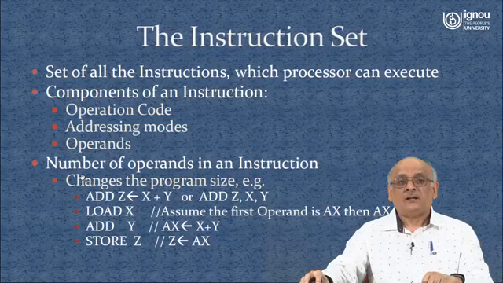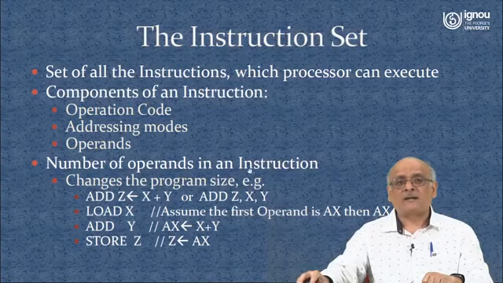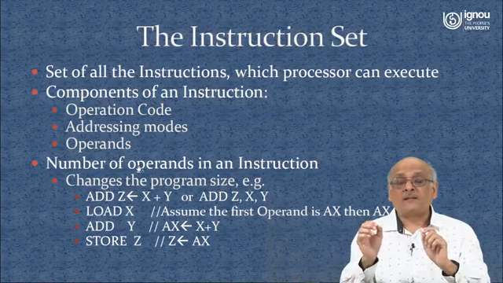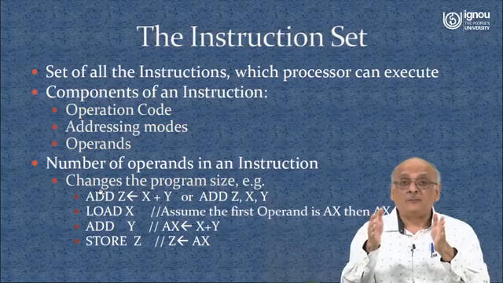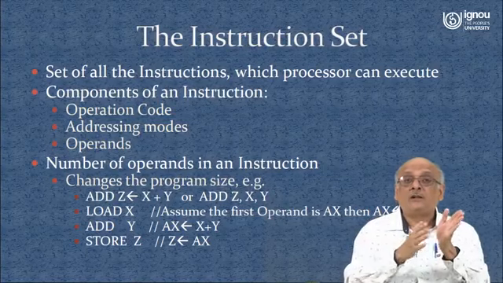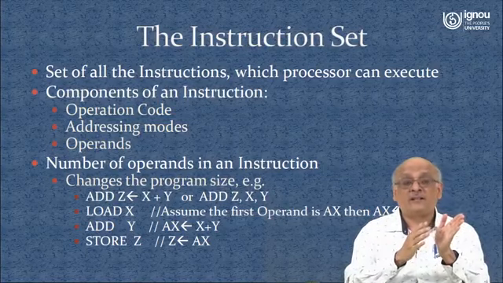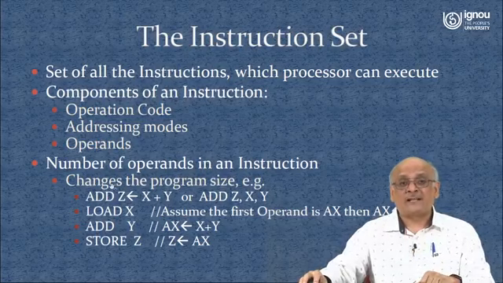All right. Now, a very important statement made in this particular slide is about the number of operands in an instruction. The importance of the number of operands in an instruction is very, very high. Why? Because the program size is very much dependent on the number of operands within an instruction. I have shown you an example.